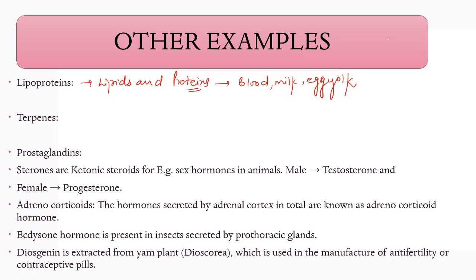So lipoproteins are a mixture of lipids and proteins, or we can say they have two components, lipids and proteins. The main function of lipoproteins is to transport lipid substances. The four major classes of lipoproteins are very low density lipoprotein VLDL, low density lipoprotein LDL, high density lipoprotein HDL, and chylomicrons.